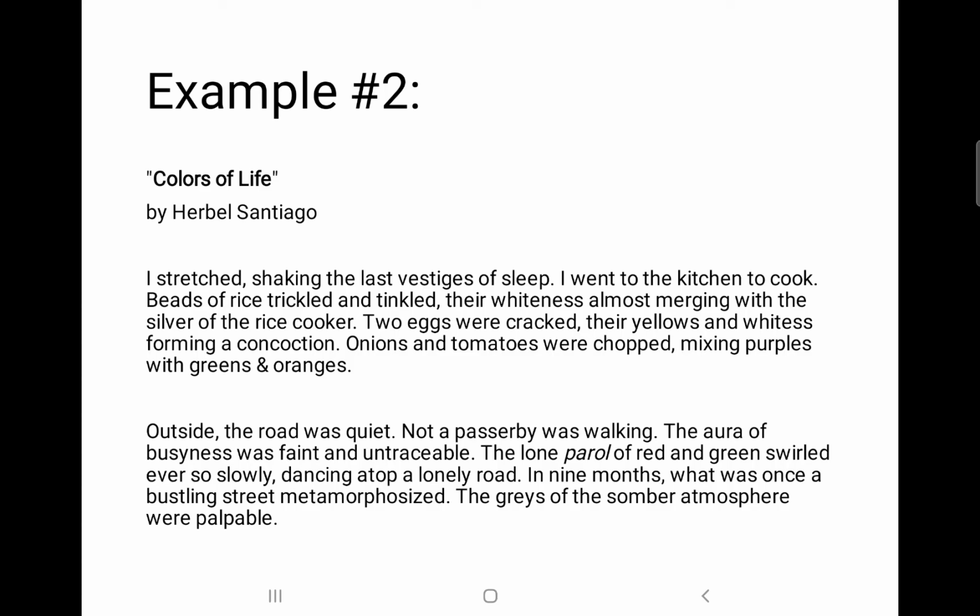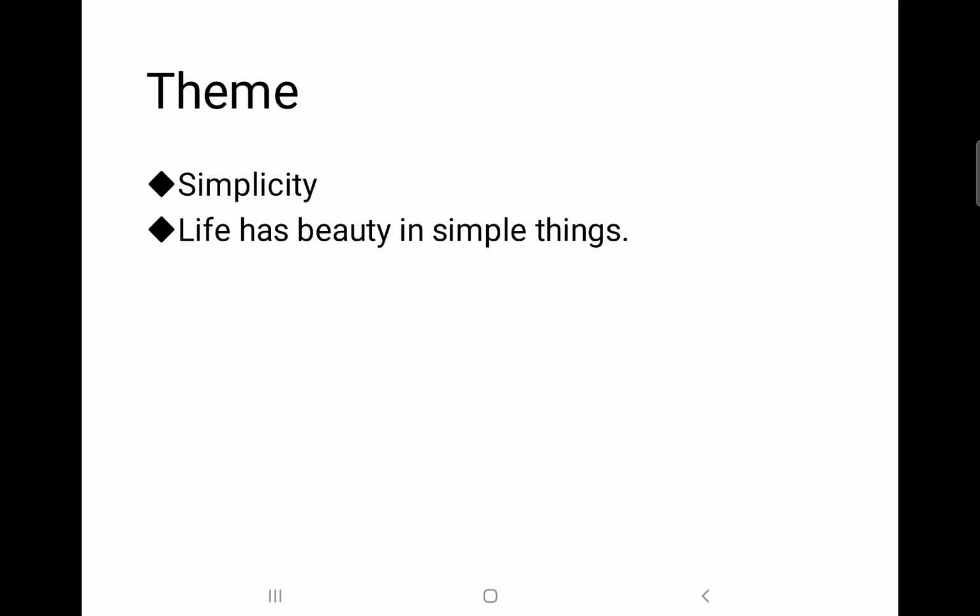All right, colors of life. It's actually very simple. And to me, the very general theme is the simplicity of life. But there is a specific idea that the extract seems to say. Life has beauty in simple things.